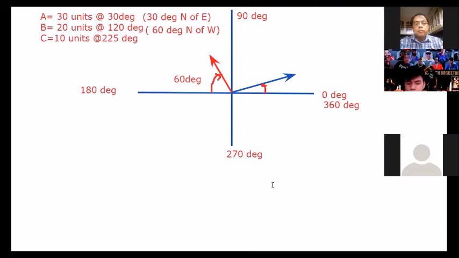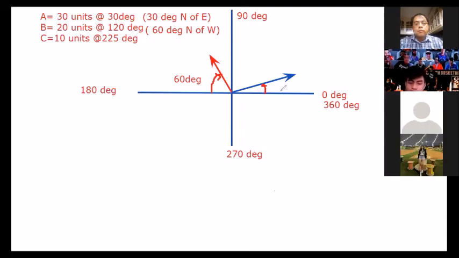How did we get 120? 120 is drawn all the way here, from 0. Its partner, 120 plus 60, gives you 180. So it's just another name for 120 degrees: 60 degrees north of west.